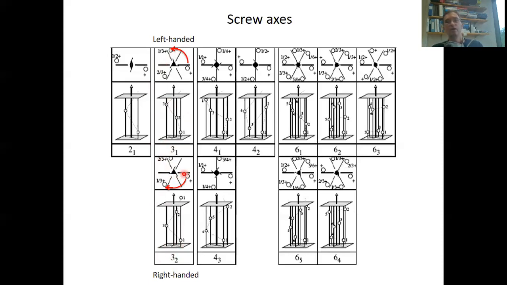So now we can go, for instance, to the 4-1. In this case, we would need to rotate by 90 degrees and translate by a quarter, and we have to do this overall 4 times to produce the identity. For the 4-3 here, we would have to rotate by 90 degrees counterclockwise and translate by 3/4. If we did this 2 times, then we would be at 6/4, which would be the same as a half.